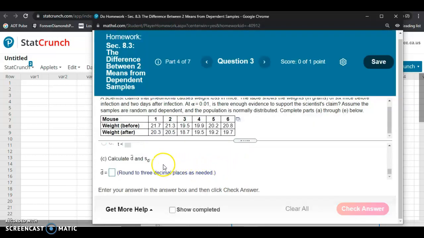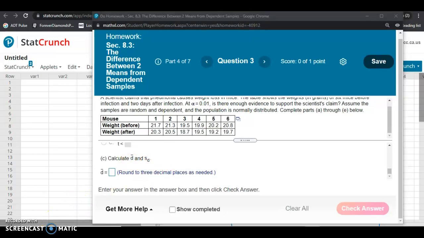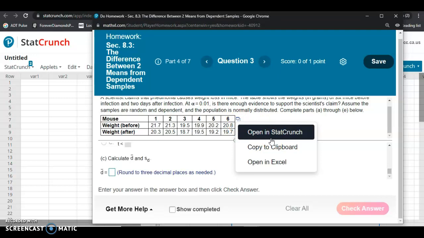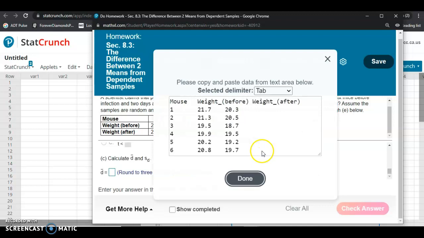Next, it's going to ask us to calculate the summary statistics for the paired data, so the mean of the differences and then the standard deviation of the differences. So let's go ahead and copy the data into StatCrunch. Or you can select open, and it will open a blank worksheet with the data pre-populated into the spreadsheet. So I'm going to go ahead and copy it.